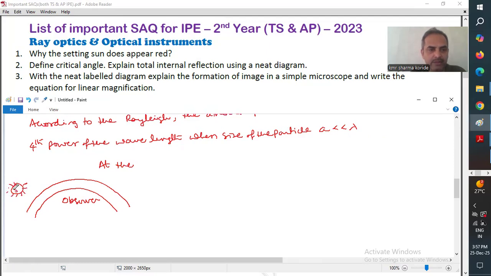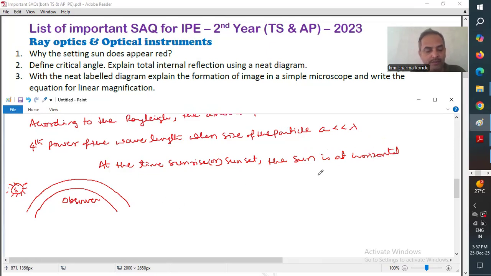So at the time of sunrise or sunset, the sun is at the horizon.